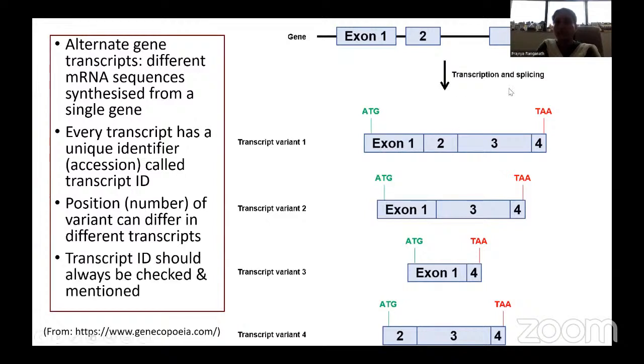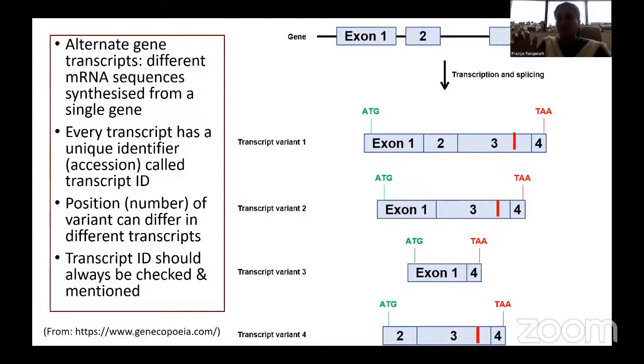So over here, you may have this variant in this position. In transcript 2, the actual position may be different. In transcript 3, the nucleotide position where the variant is will differ. So even though the variant is the same, the position of the variant may differ.